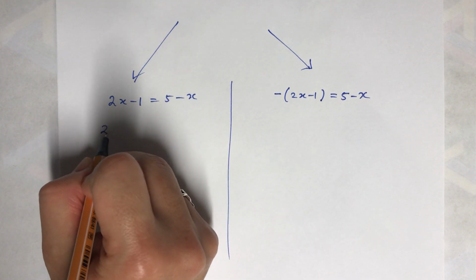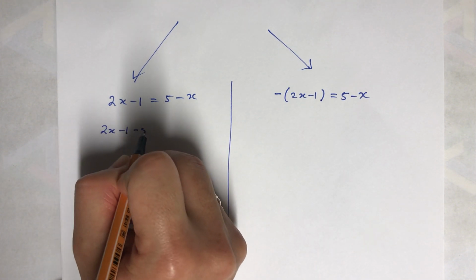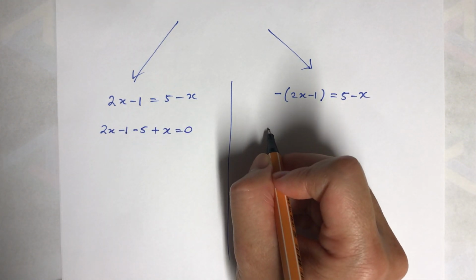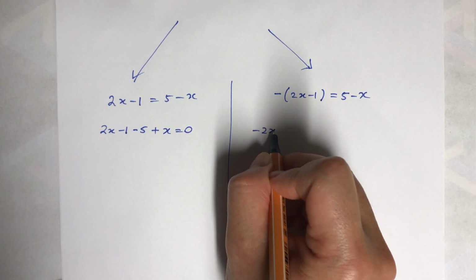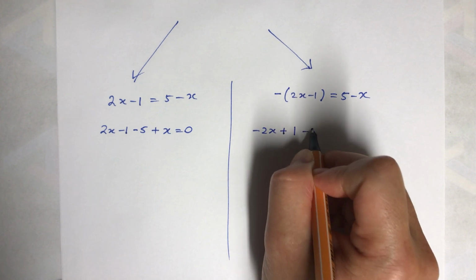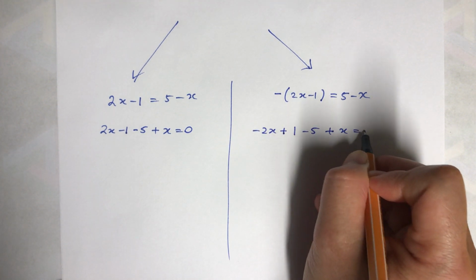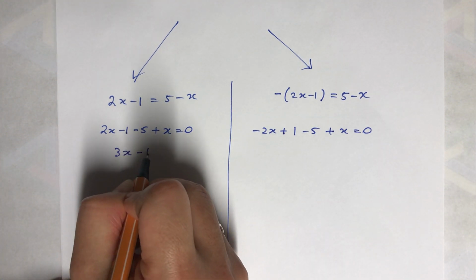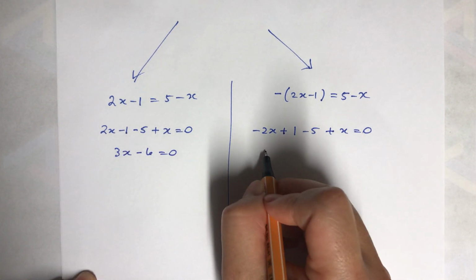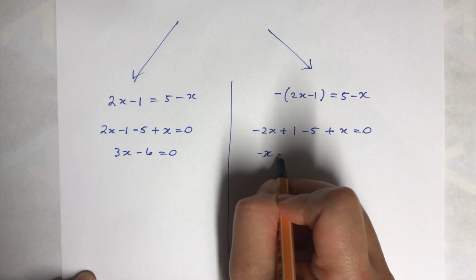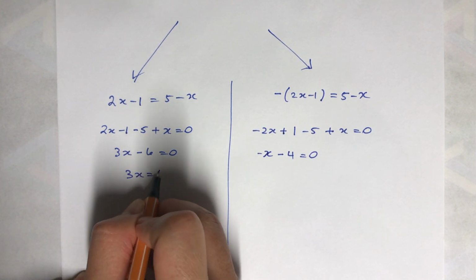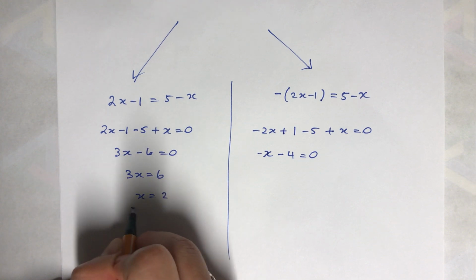So what I'm going to do, 2x minus 1, I'm going to bring everything on one side. So here I've got 3x minus 6 equals 0. I get minus x minus 4. So 3x equals 6, x equals 2.